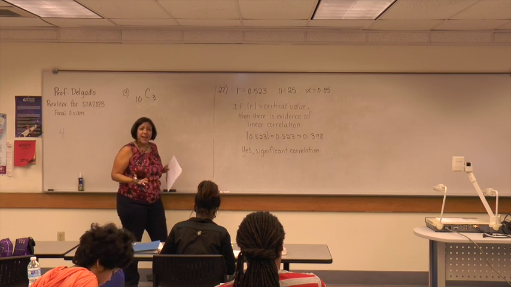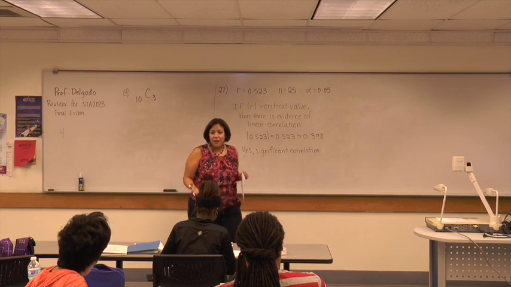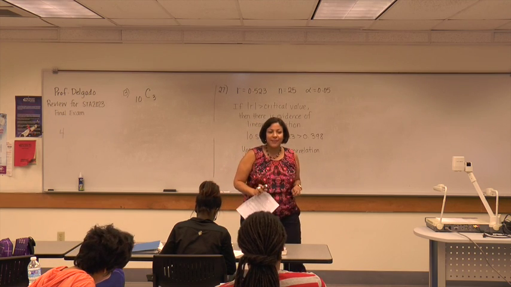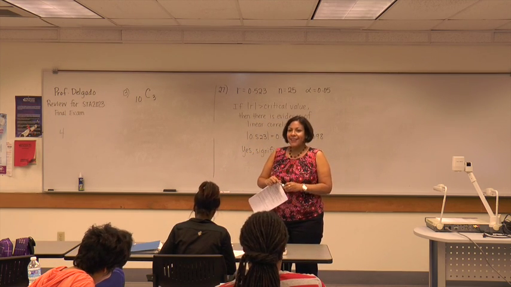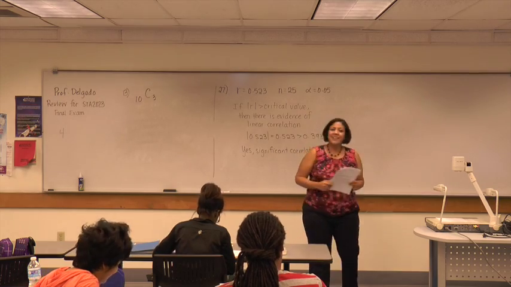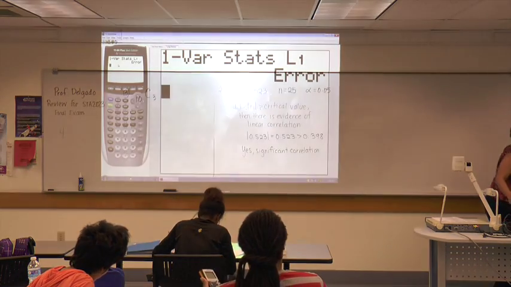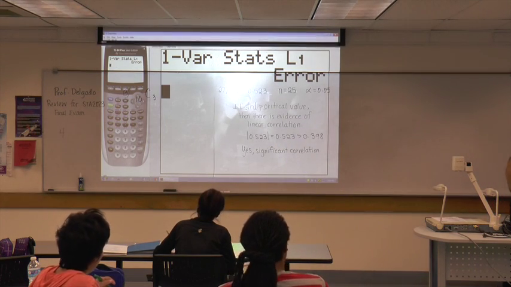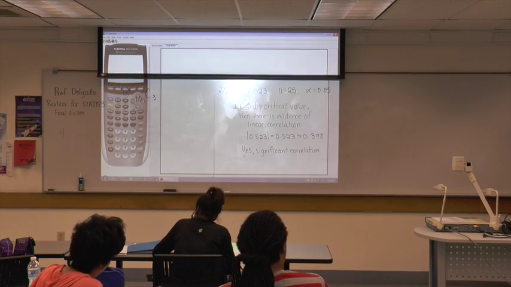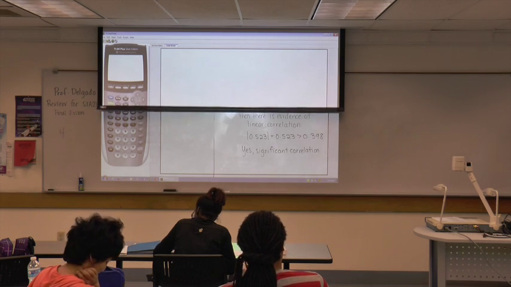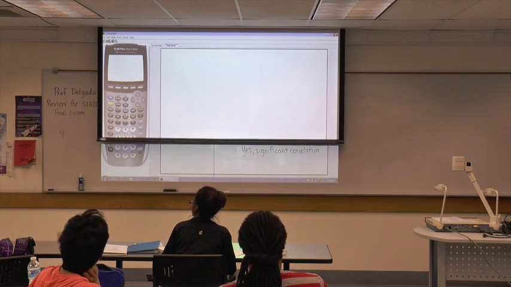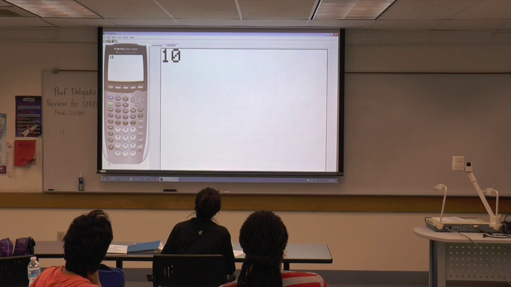Yes, there is an app for that on your calculator. You don't have to use the combinations formula yourself, although it's loads of fun. All right, 10 choose 3. Here's how you would put it into your calculator. First, you type in n, which in this case is 10.